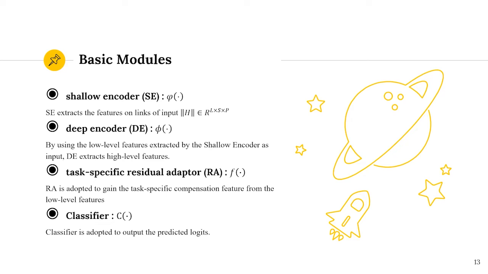In addition, to deal with the task discrepancy issue, a task-specific residual adapter is adopted to gain the task-specific feature from the low-level features. For each classification task, a classifier is adopted to output the logits. Then, by using a softmax function on the predictive logits, the probability over categories is produced.